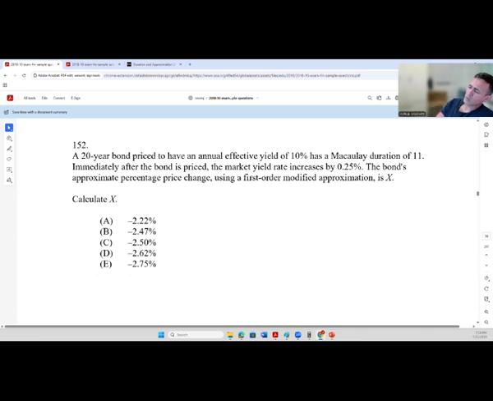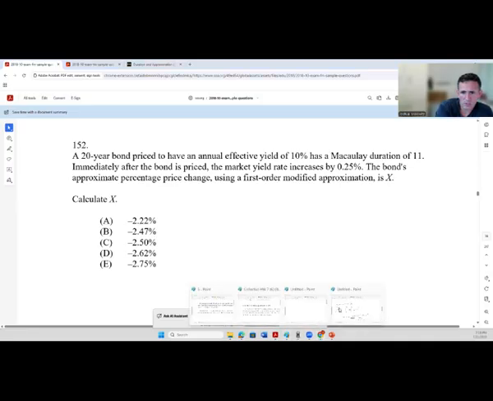And when we're using our approximation formula, you do want to use interest as a decimal. Find the bond's approximate percentage change. So pretty straightforward.